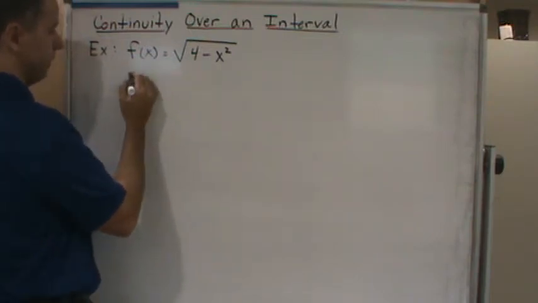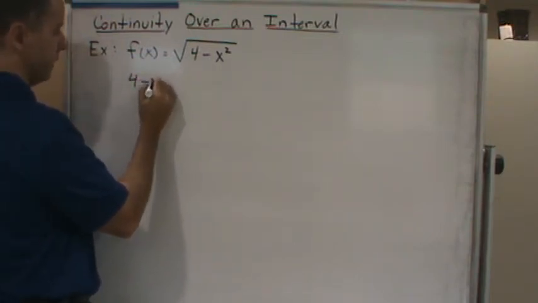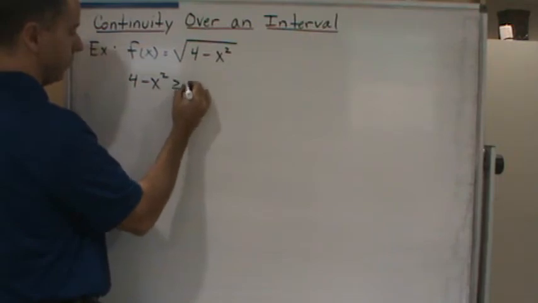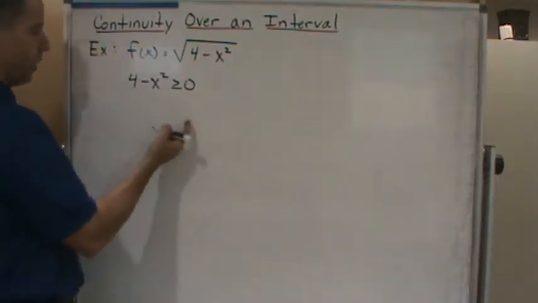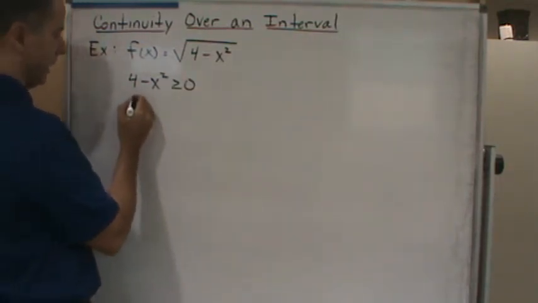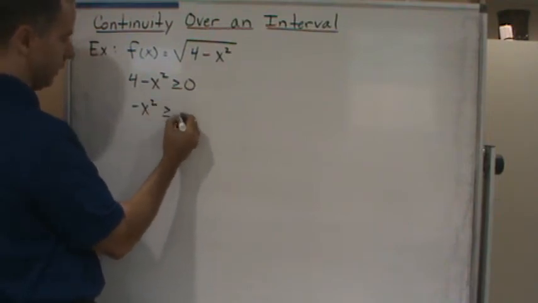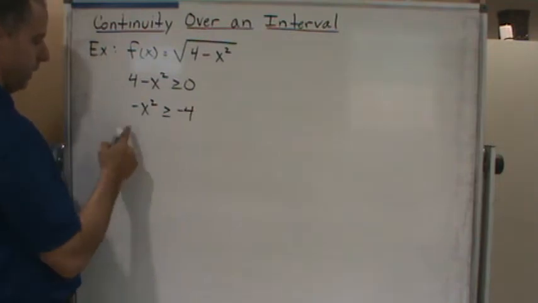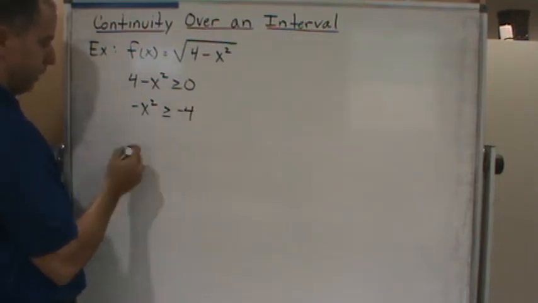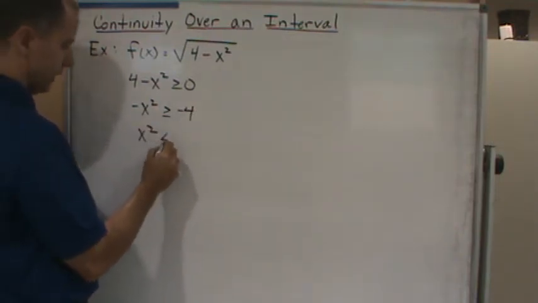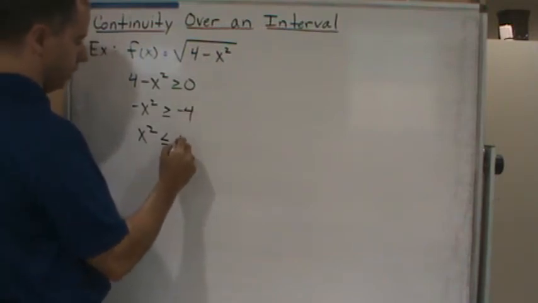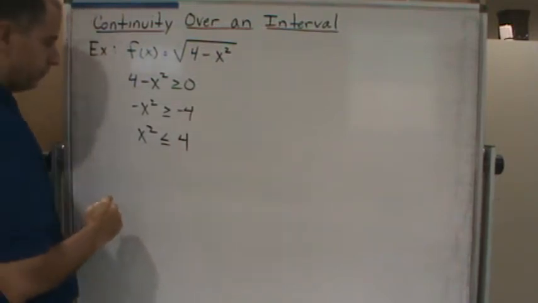We want 4 minus x squared to be greater than or equal to 0. So if we solve for x, what do we get? Negative x squared is greater than or equal to negative 4. If we divide both sides by negative 1, we get x squared is less than or equal to 4.